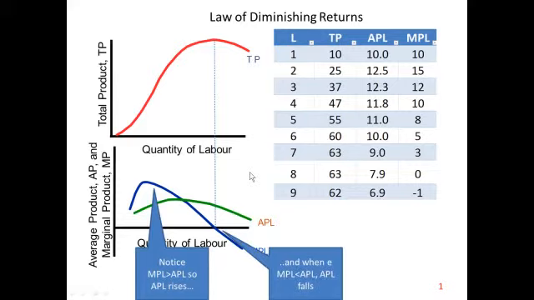Remember that there's this key connection between marginal and average value. As long as the marginal value was greater than the average, then the average was rising. But as soon as the marginal value is less than the average, the average begins to fall. Very important part of our analysis.